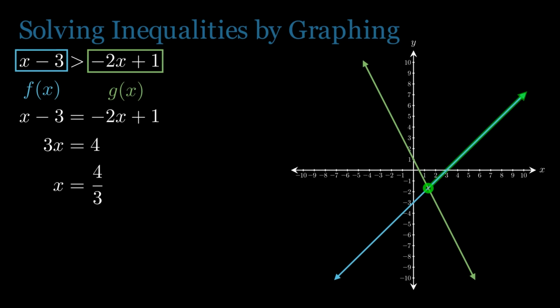Since we only care about the x-coordinates of the points where that happens at the end, let's also highlight that part of the x-axis starting at 4/3 and moving right to positive infinity. And that gives us the first view on the solution set for our inequality, the x-interval from 4/3, not including that endpoint, up to positive infinity.